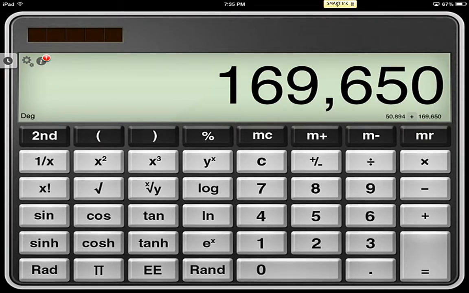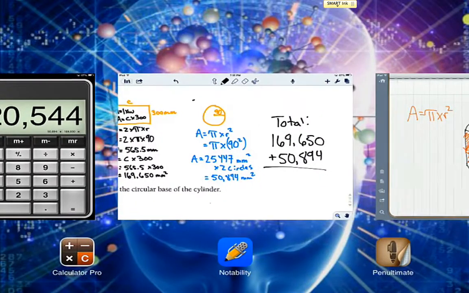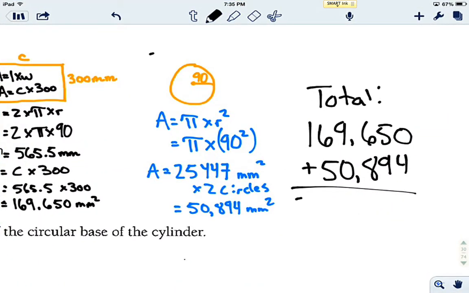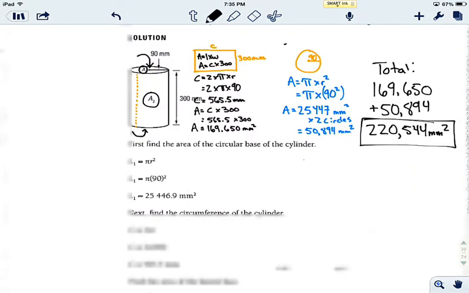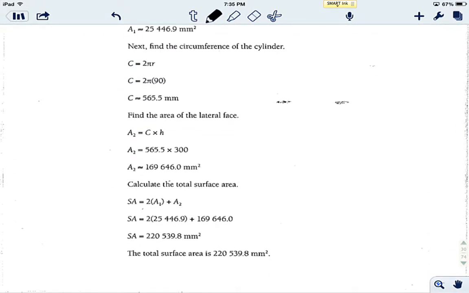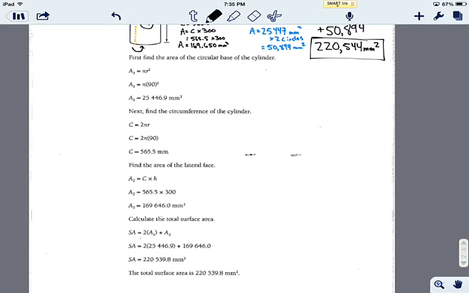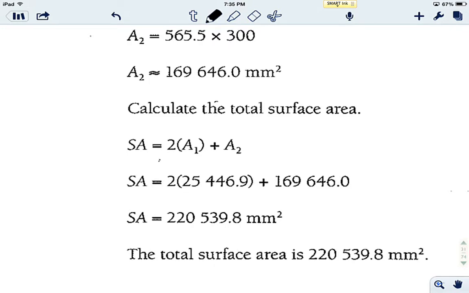That gives me a grand total of 220,544 millimeters squared. That's the total area of this cylinder. Of course this value is a little bit different from the book's because they used more decimals, but we're in the ballpark.